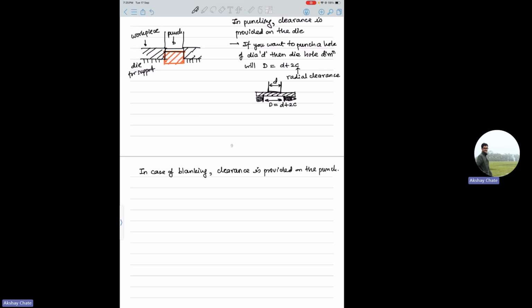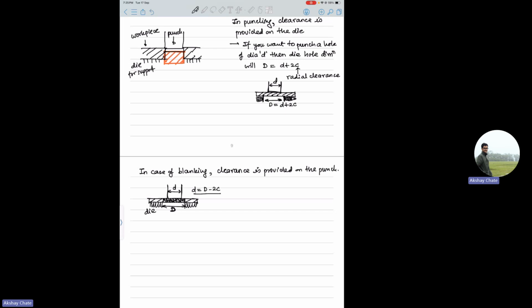If you want to take a disc of diameter or dimension capital D out of this workpiece, the die dimension will be equal to the disc dimension, capital D. But your punch will be smaller in this case: punch diameter will be D minus 2C.